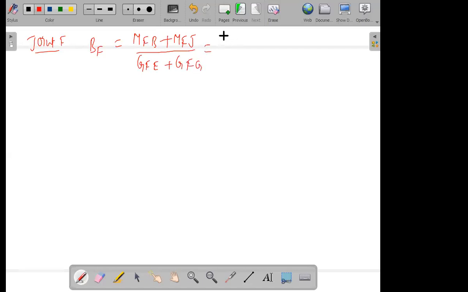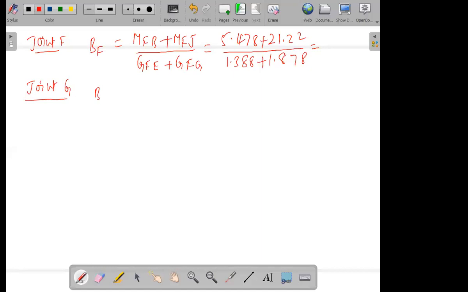So 5.478 plus 21.22 divided by 1.388 plus 1.878. You'll get some value. Please calculate these values.